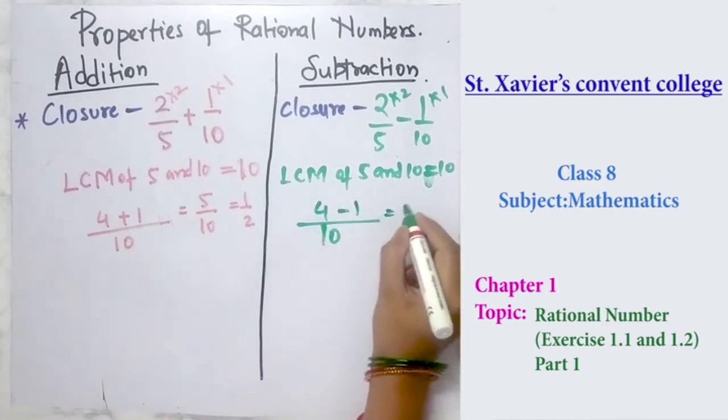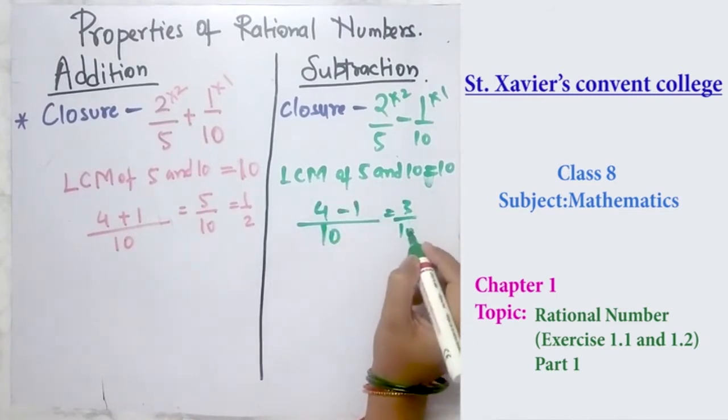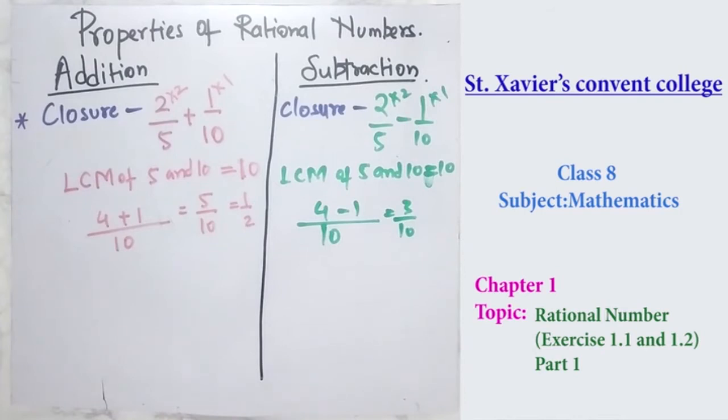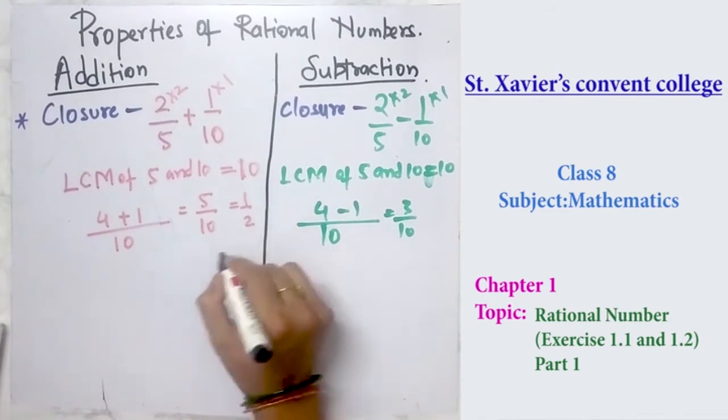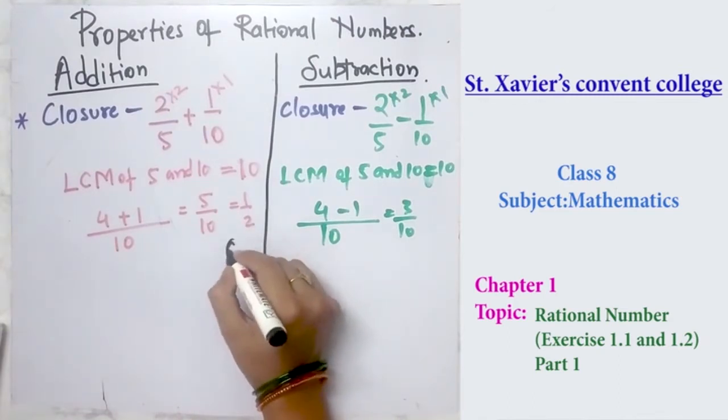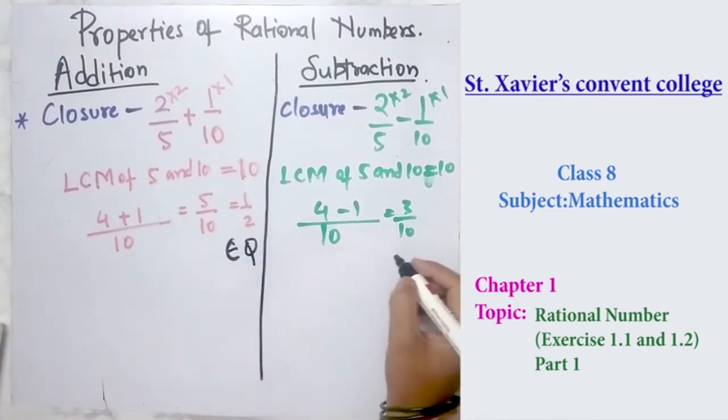You can see in both cases that 1 upon 2 and 3 upon 10 are both rational numbers. So in the closure property of both addition and subtraction, the results are rational numbers.